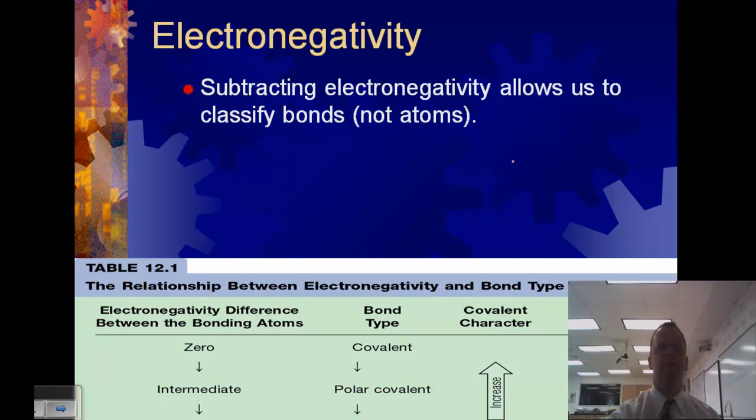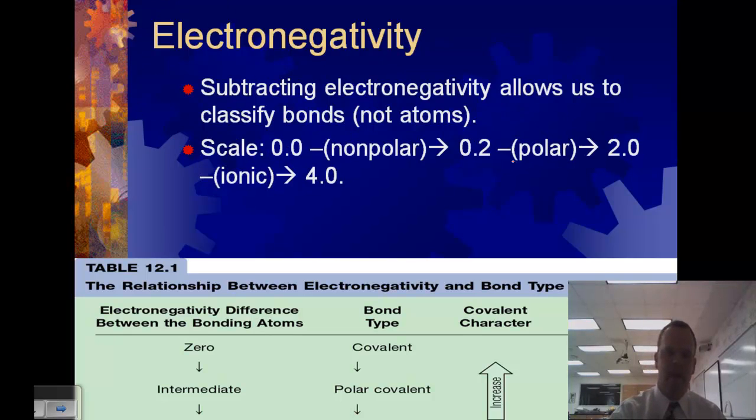Now, subtracting the electronegativity values will allow us to figure out what type of bond we are dealing with. Generally, the scale works like this. If the difference is less than 0.2, we have a nonpolar or just pure covalent bond. If it's between 0.2 and 2.0, you get a polar covalent bond. And anything greater than 2.0, you get an ionic bond.